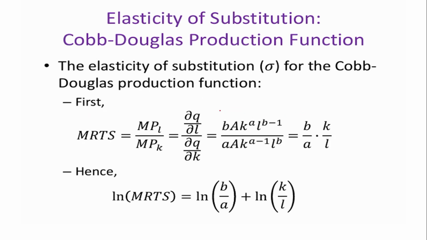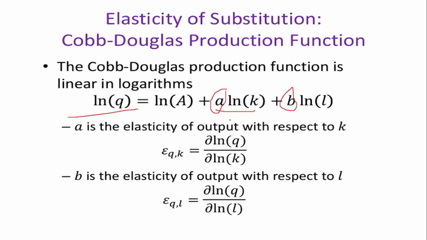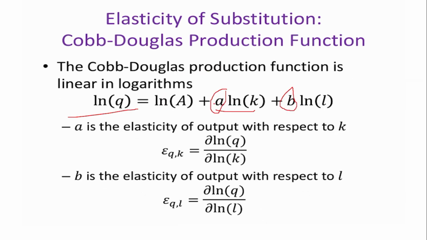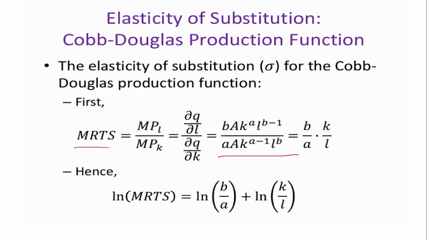Now the MRTS will be MPL divided by MPK, and this will be like that. For example, as we see the production function is that, and if we differentiate with respect to K and L separately, then we can find it.